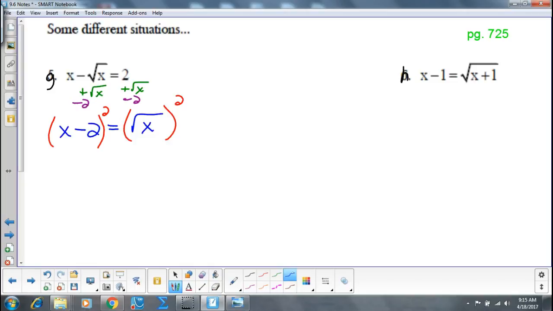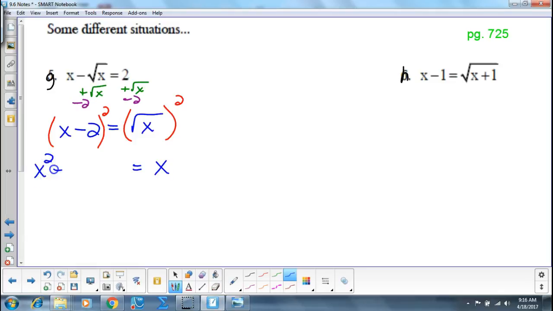Okay. So on the right side, what do I get? X. I just get x. On the left side, what do I get? Parentheses, x minus 2 squared. That's x squared minus 4x plus 4.